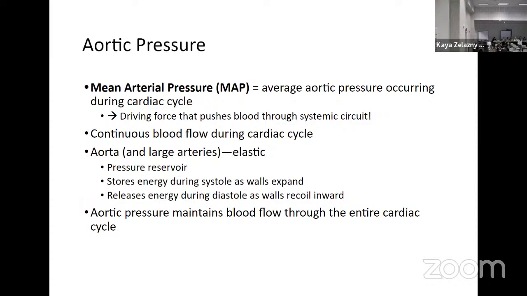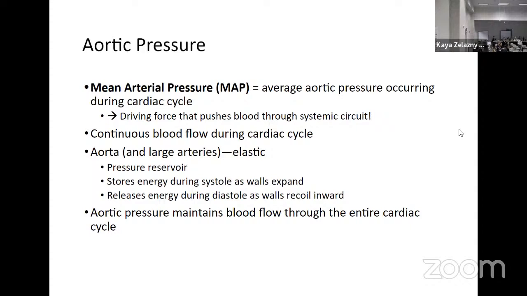And this is our force that pushes blood through our systemic circuit out to all of our organs, right? The pressure in the aorta is what's driving the flow to all of those organs. You want continuous blood flow going to your organs. So continuous blood flow during the cardiac cycle, because you don't want your organs getting just pulses of blood.